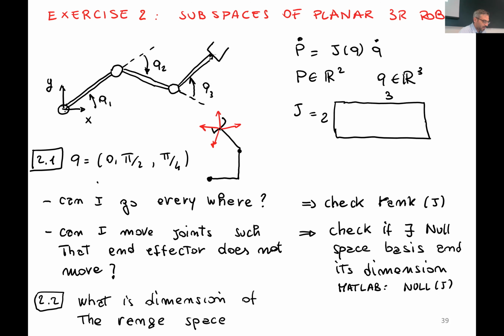Then the second exercise, what is the dimension of the range space? We check again the null space basis we compute with the function null of J, and the range space basis we compute with orth of J. So we check the dimension of that.